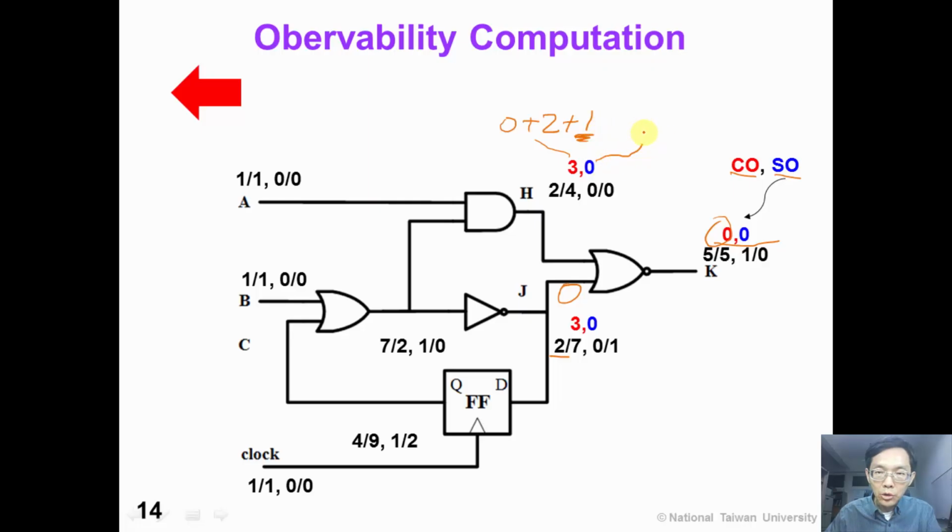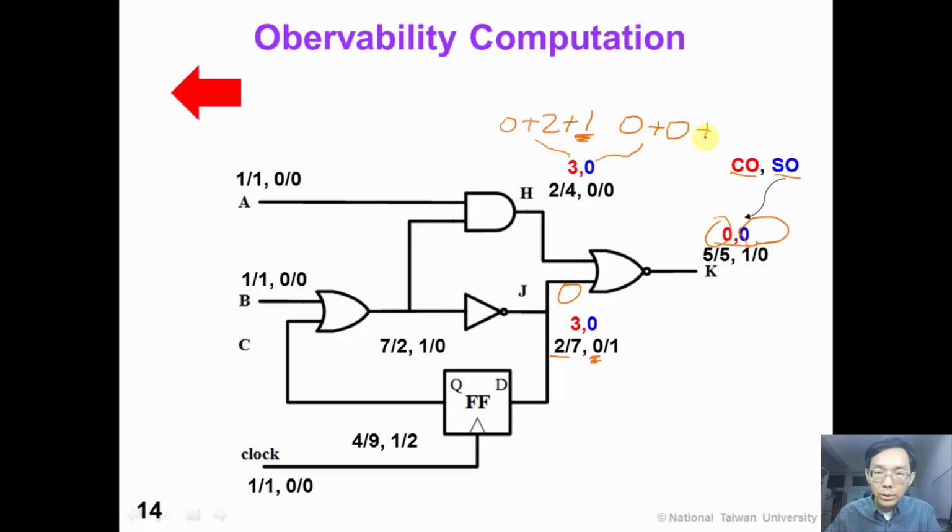For sequential observability, the sequential observability of H is equal to SO of K, which is 0, plus the sequential controllability of 0 on the side input, which is also 0.